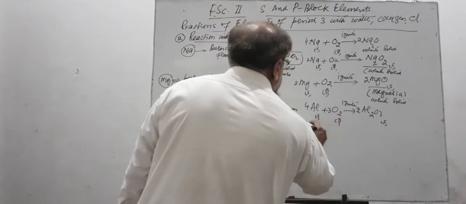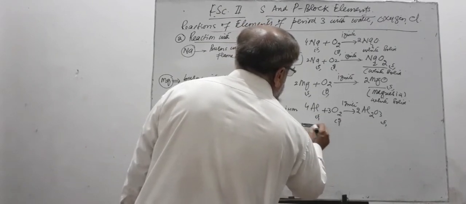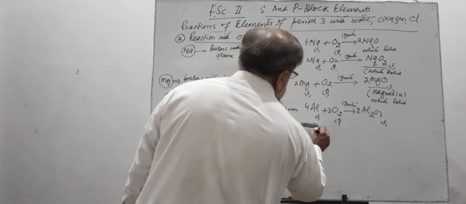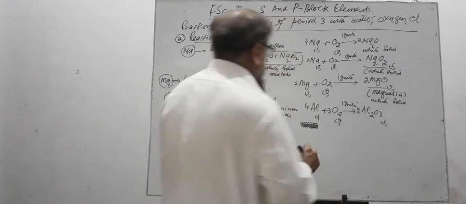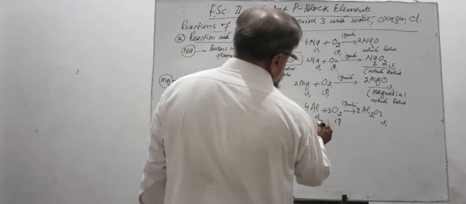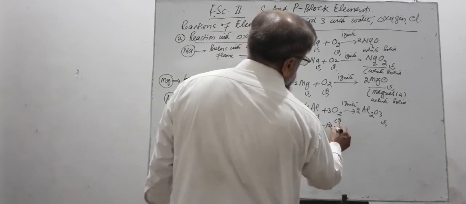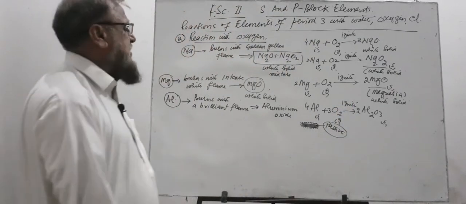Now, after some time, if we are using an aluminium foil, a layer of aluminium oxide will develop on the surface of aluminium, and the reaction may stop due to formation of protective oxide layer, and aluminium may become passive, a phenomenon which is known as passivity of metals.